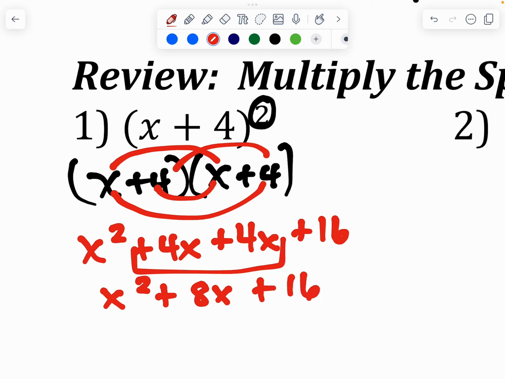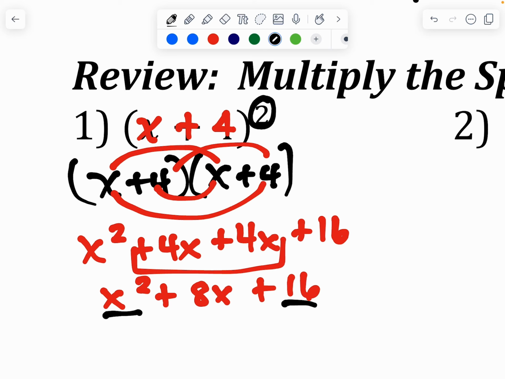This is called a perfect square trinomial because when we take the binomial and square it, my first term and my last term are going to be perfect squares, because you get x squared and you get 4 squared. 4 times 4 is 16. That makes it a perfect square trinomial because this is a perfect square, this is a perfect square.